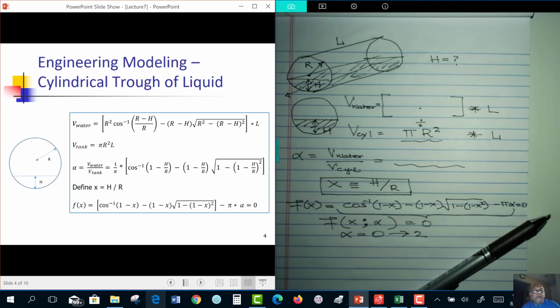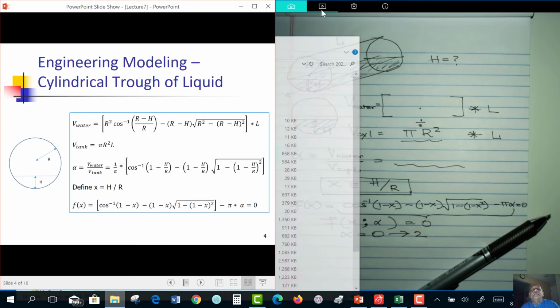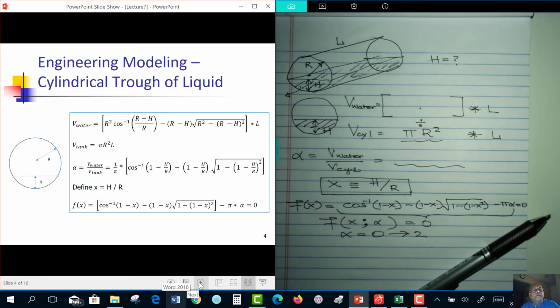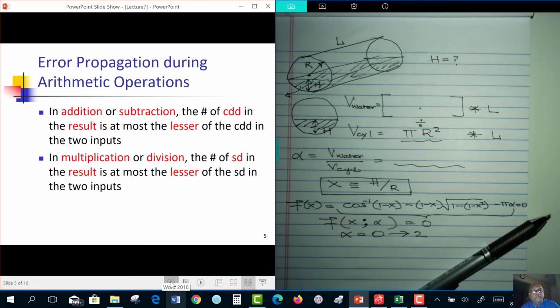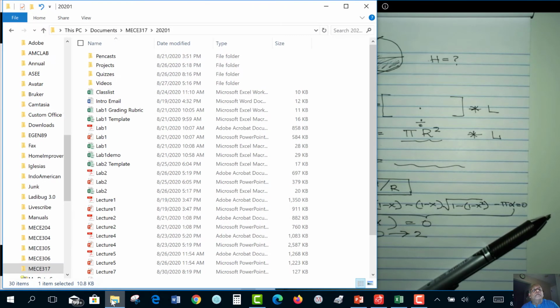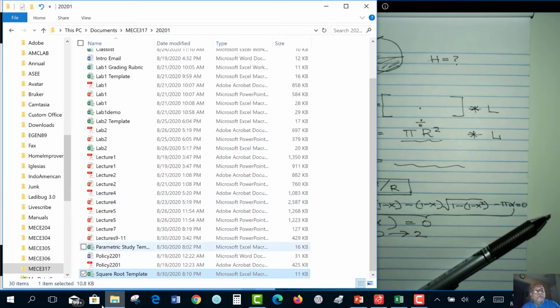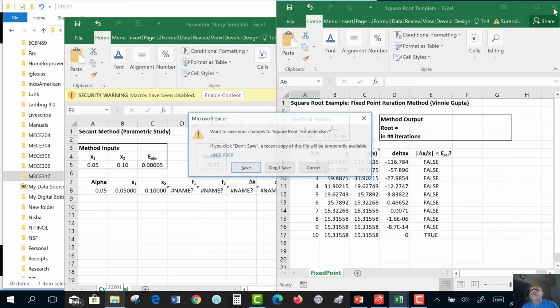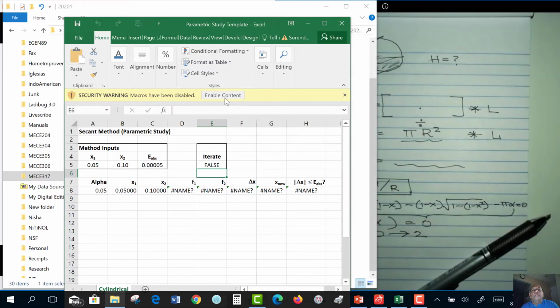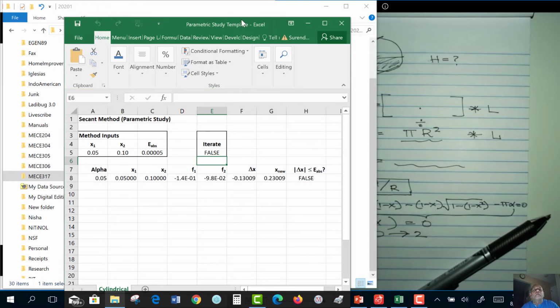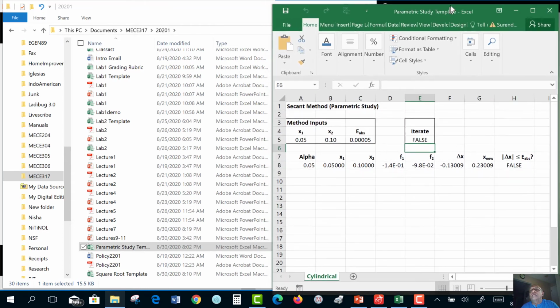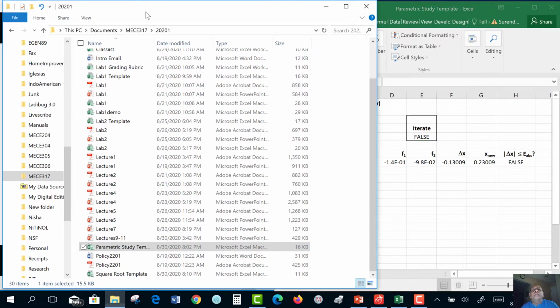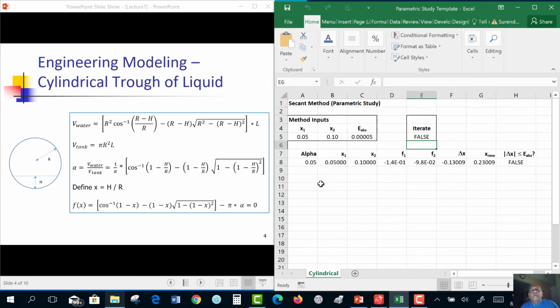So let's see how we will implement this in Excel. Okay, so I have set up already a template.